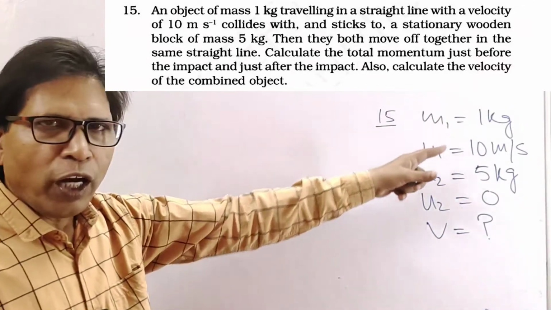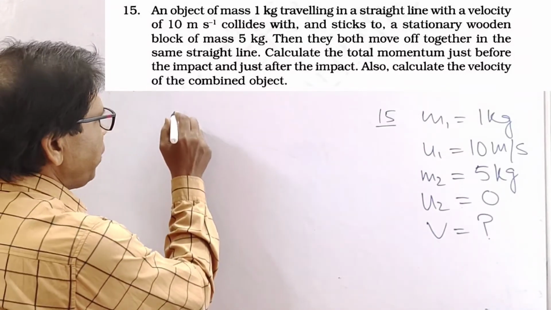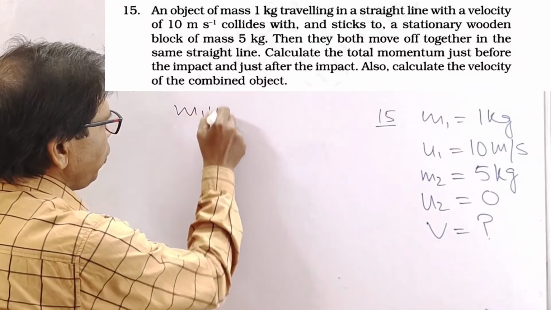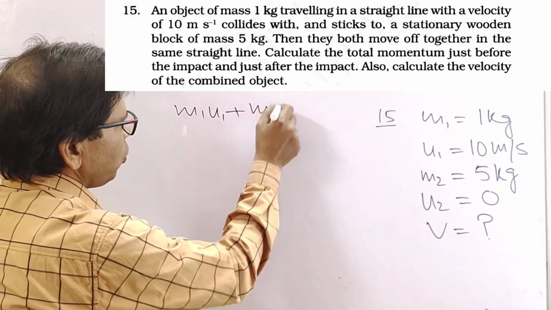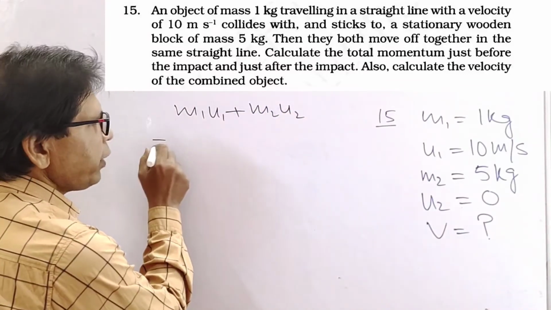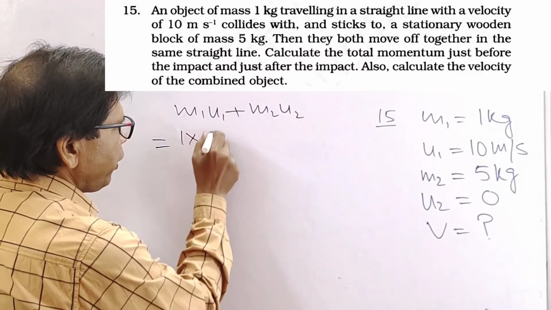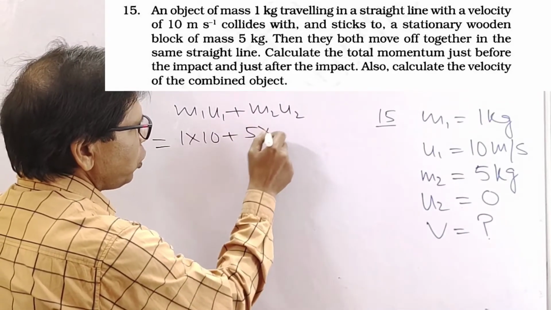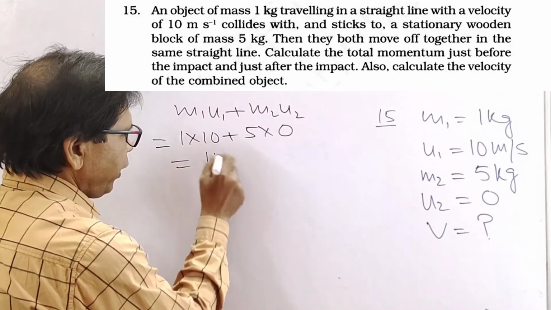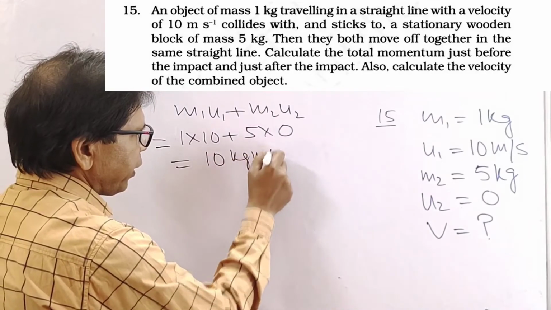Okay, now total momentum just before impact is m1 u1 plus m2 u2, which equals 1 into 10 plus 5 into 0. So this is 10 kg meter per second.